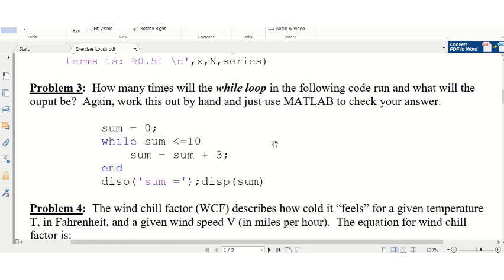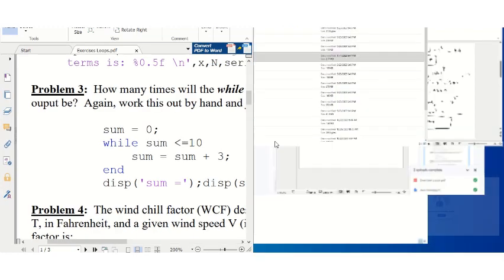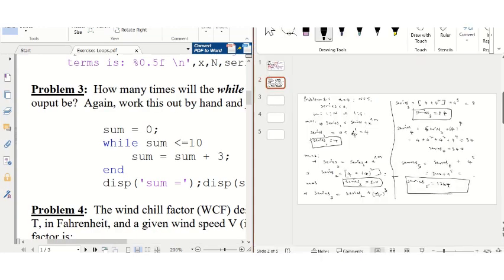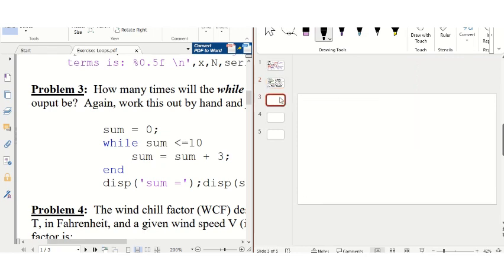Okay. Sum is equal to 0, while sum is less than or equal to 10, sum is equal to sum plus 3, otherwise end. Problem 3.